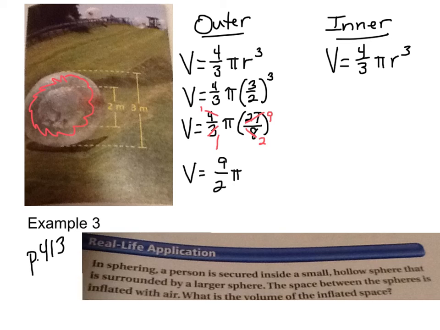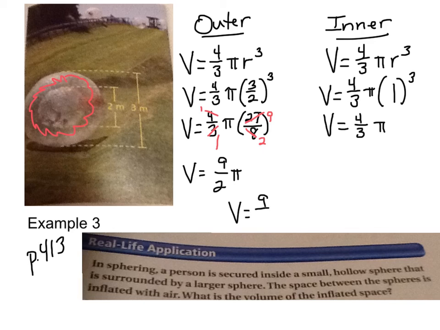The volume of the inner sphere is 4/3 times pi times radius cubed. Well, the radius here is 1, since that's half the diameter of 2. 1 to the 3rd power is just 1, so that's going to give us 4/3 pi. Now we have to subtract them. 9/2 pi minus 4/3 pi.